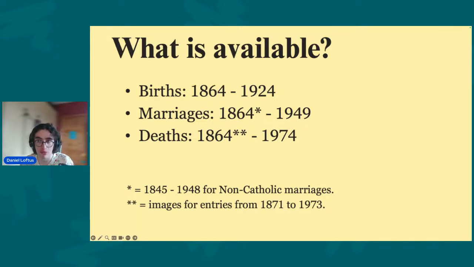However, I suspect sometime later in March, we will have them. Images for entries from 1871 to 1973 are only available for deaths online. There are no images for anyone prior to 1871. I will talk about that a little later on, but I do want to just mention that.